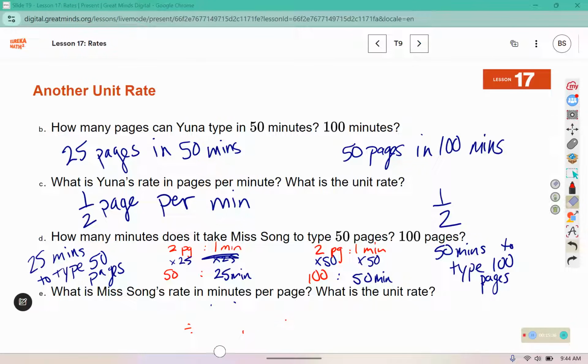A half a minute per page. The unit rate would be 1/2. Notice this is minutes per page, and this one was pages per minute.